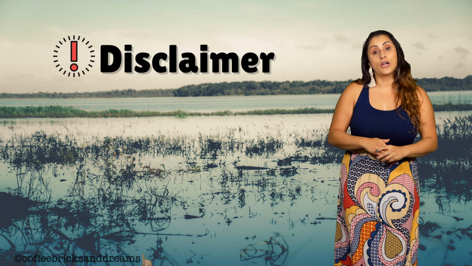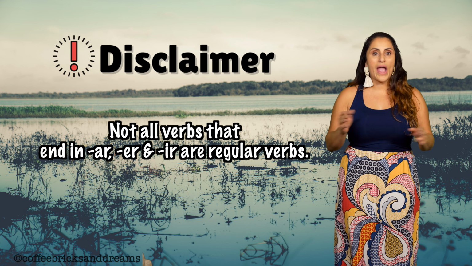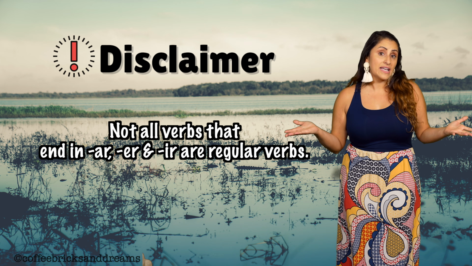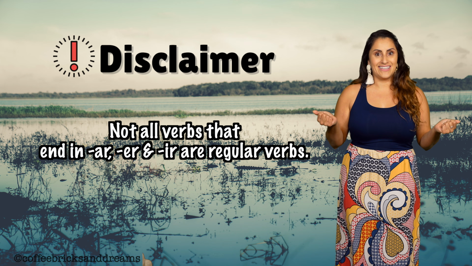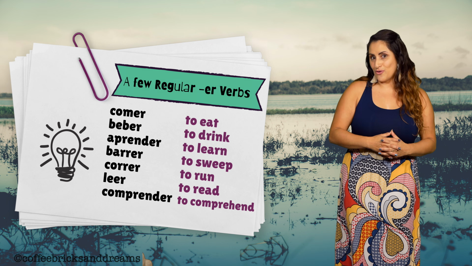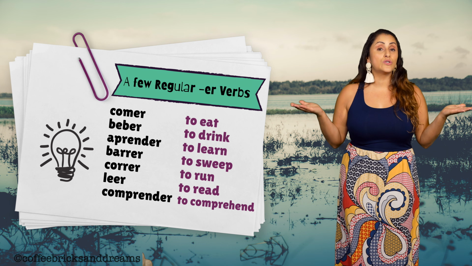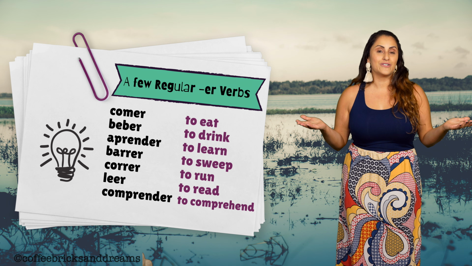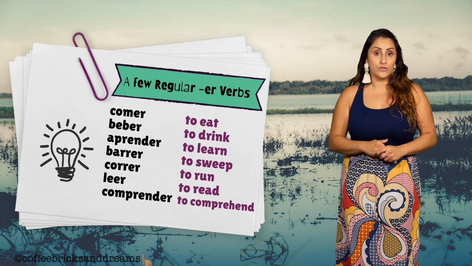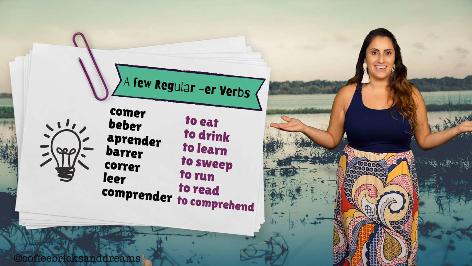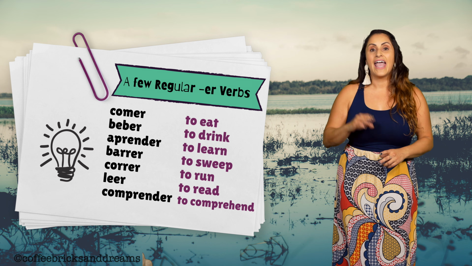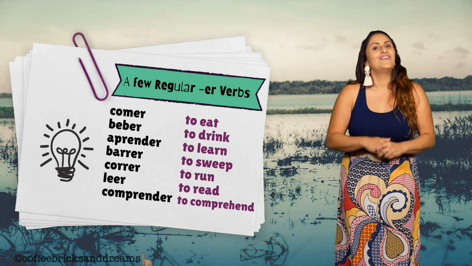Remember that this works with any regular ER verb. We talked about that not all verbs are regular, so that's something that you want to keep in mind. Here's a list of regular ER verbs that may be useful to you in your Spanish class or as you continue learning Spanish. Make sure that you know that they are regular ER verbs and, very important, to know what they mean.